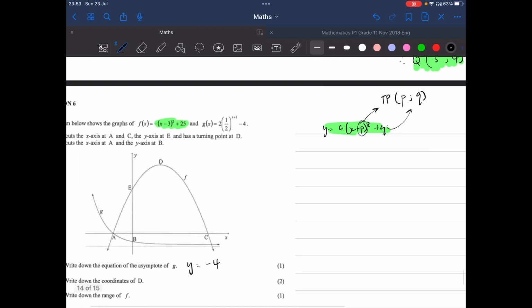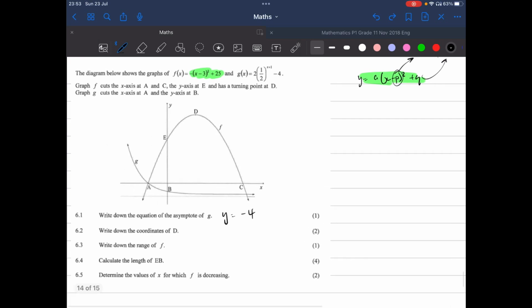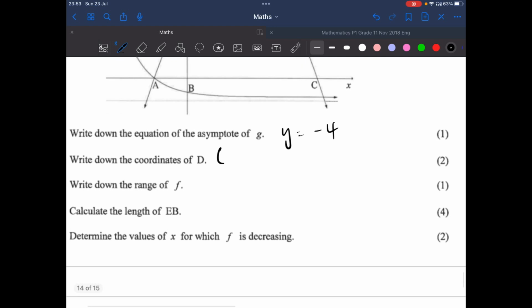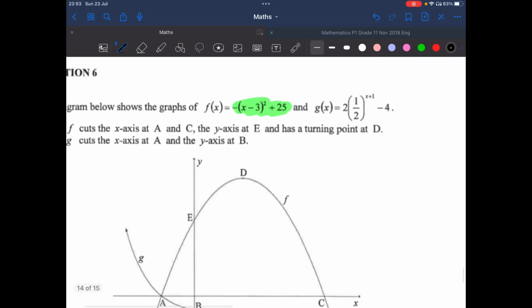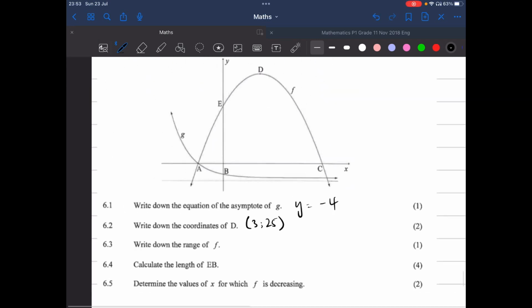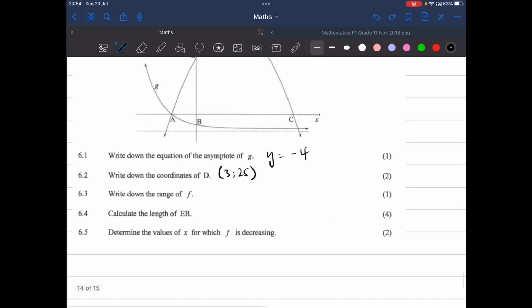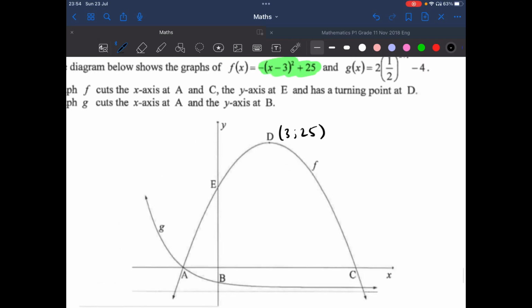Now let's look at the question again. We are asked to find the coordinates of the turning point D. So that means it's going to be (3; 25). Okay, and if we look at our graph, that makes sense. 3 is to the right of the y-axis, and 25 is high above the x-axis. So let's just write this in. (3; 25).